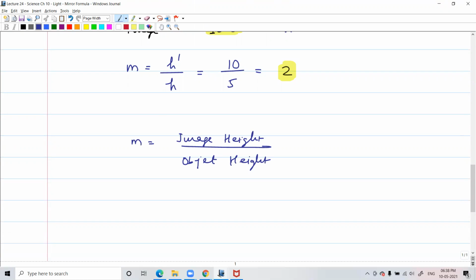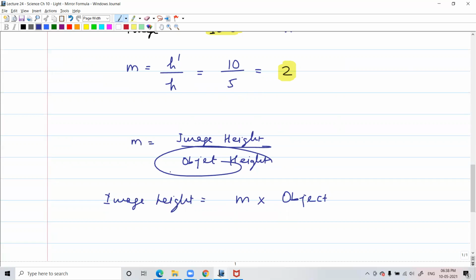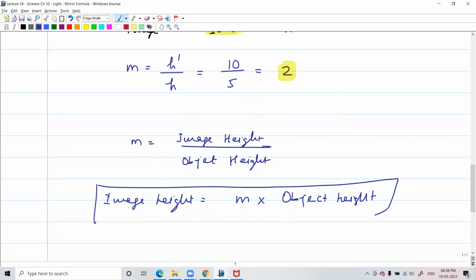If I rearrange it, can I not write image height is equal to m times the object height? Do you all understand how I got this? Simple, I just moved this to the other side. M into object height is the image height. Can all of you understand this?